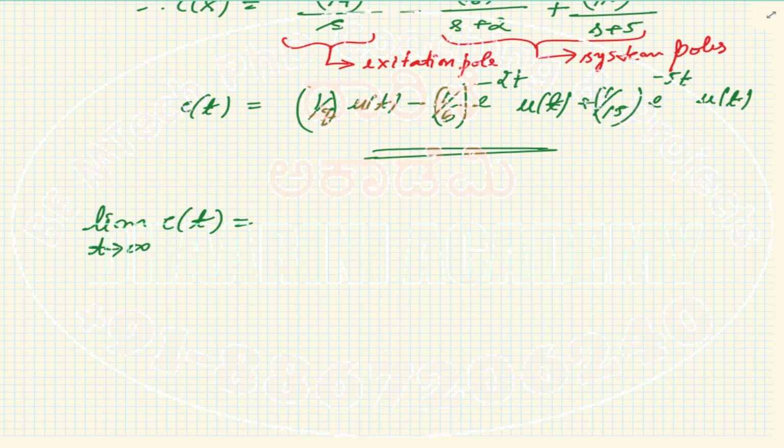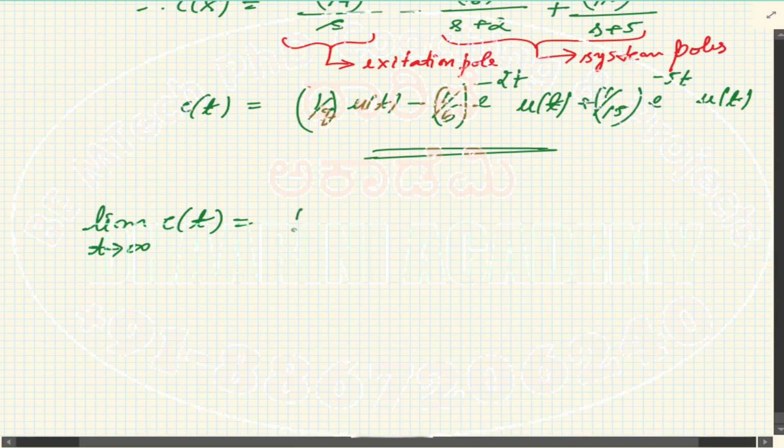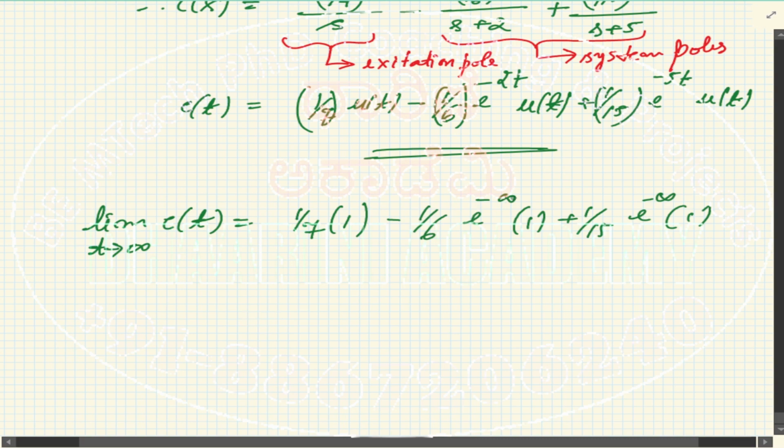You will put infinity preferably. So you see this first part is 1 by 7, u of t will not change even at t equal to infinity, correct? So this is 1 only. Minus 1 by 6 into e to the power minus 2 into infinity, into u of t, that is 1, right? Plus the same thing, 1 by 15 into e to the minus infinity into 1. What is this term, e to the minus infinity? What's this value?